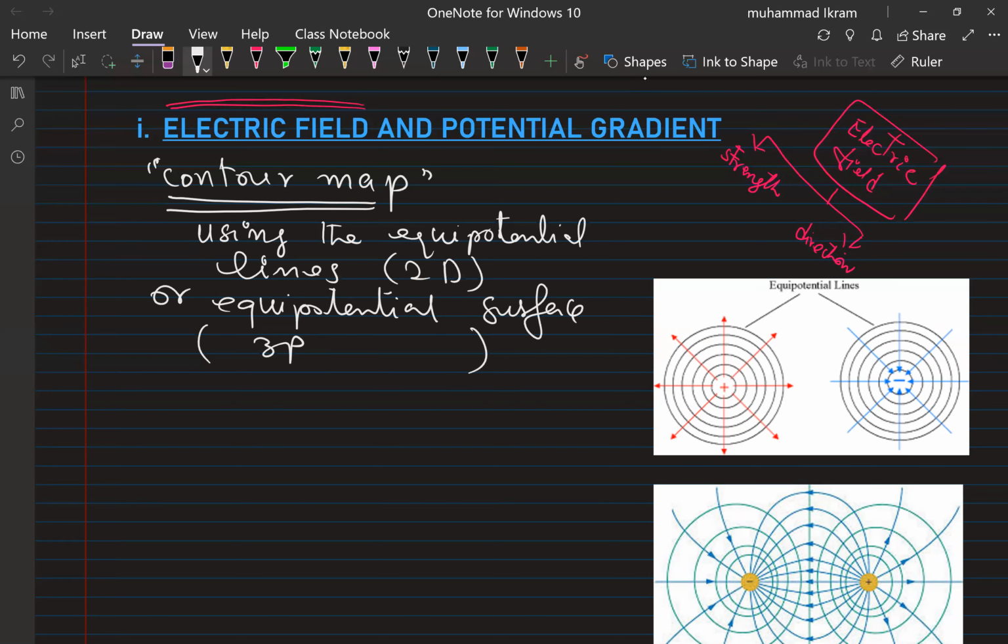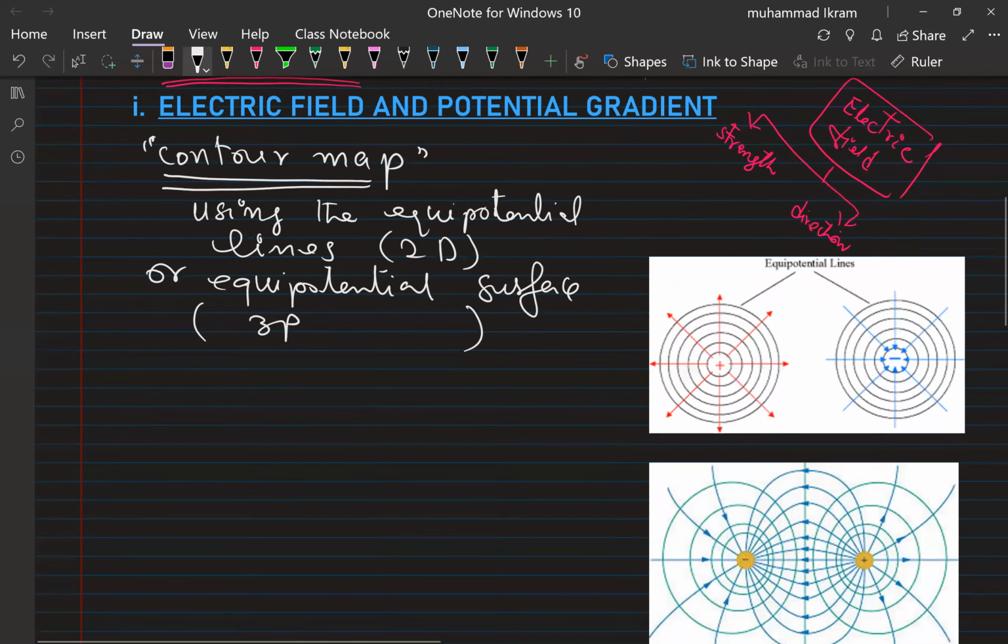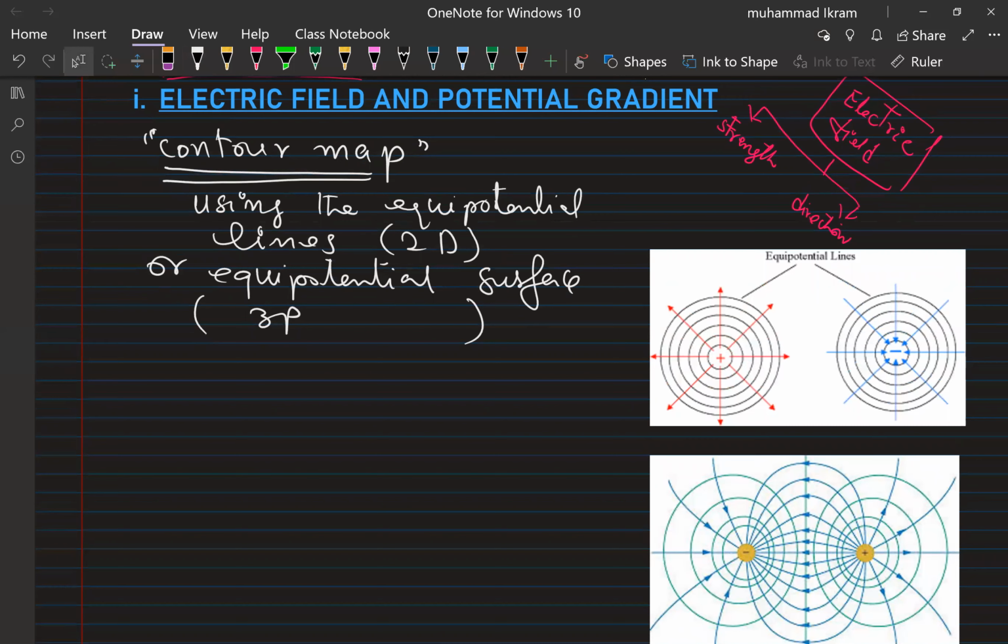So the contour map we draw represents the electric field.